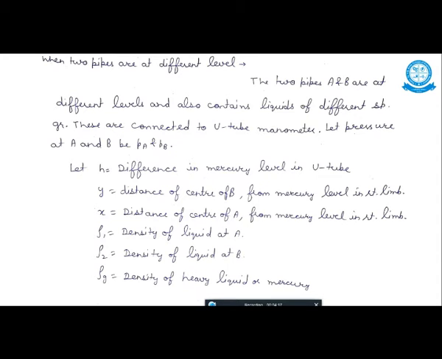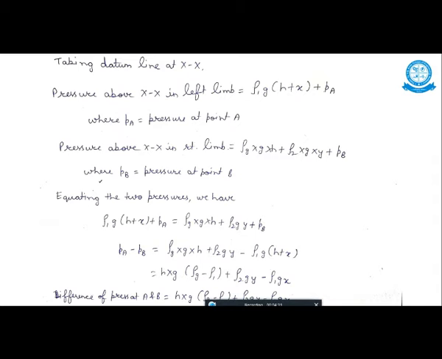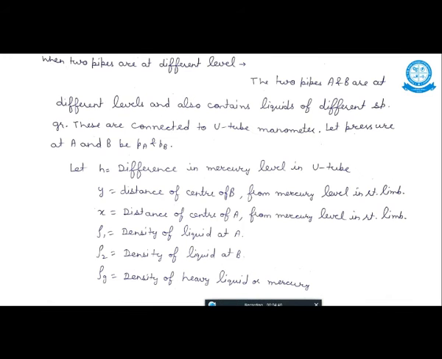Rho 1 will be the density of liquid at A, rho 2 will be the density of liquid at B, and rho g is nothing but the density of the heavy liquid in the manometer, or you may say the density of mercury. So taking the datum line XX, consider the pressure above the datum line XX in the left limb.